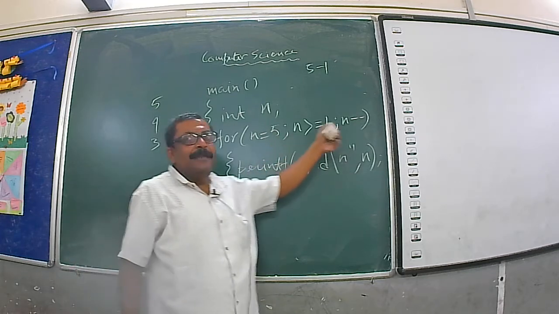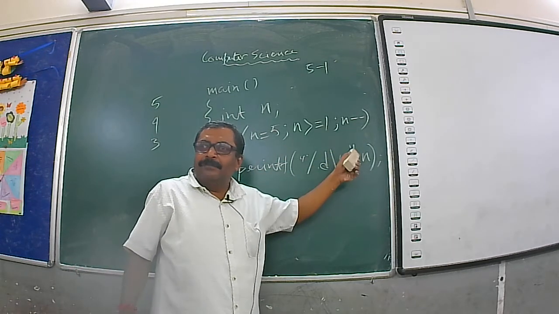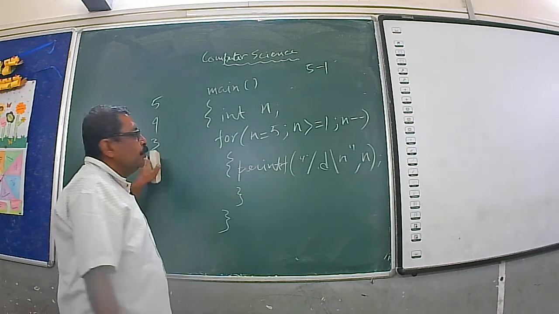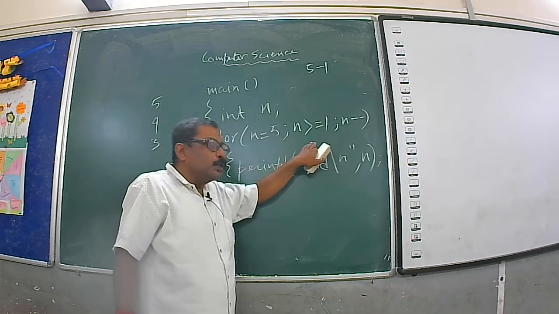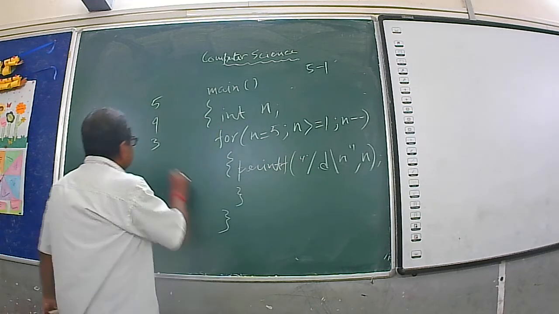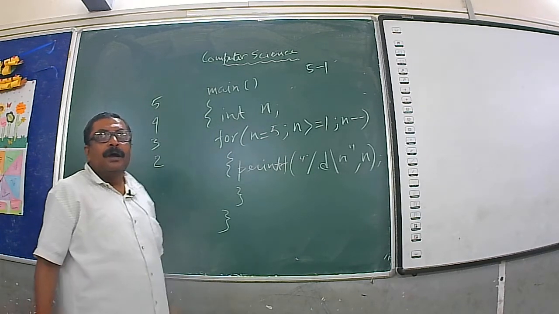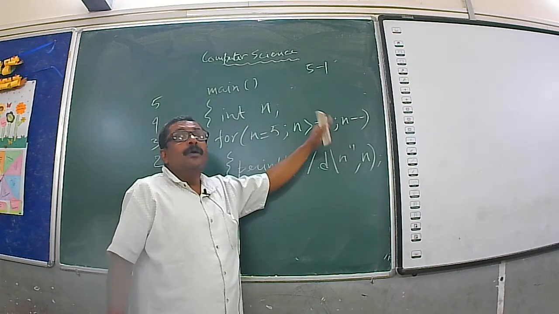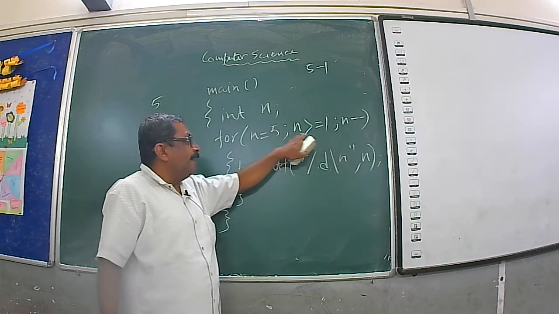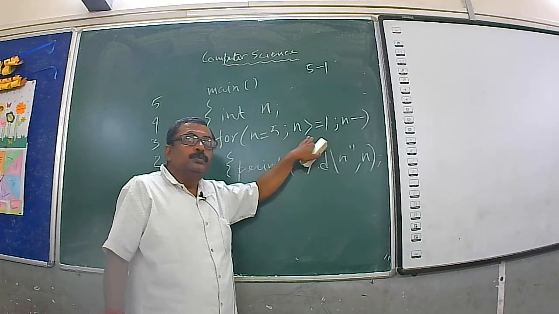Next time the value of n is decremented again by 1, that means from 3 to 2. 2 greater than or equal to 1, again true. 2 will be printed. Next 2 minus 1, 1. 1 greater than or equal to 1, again true.